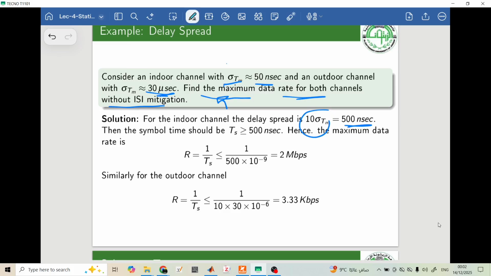If the symbol time is much smaller than this value, we have frequency selective fading. Otherwise, if it's greater than this value, we have flat fading or no ISI. So this means that we have 2 megabit per second in the indoor case. For the outdoor case, it is 3.3 kilobit per second, which is very small.